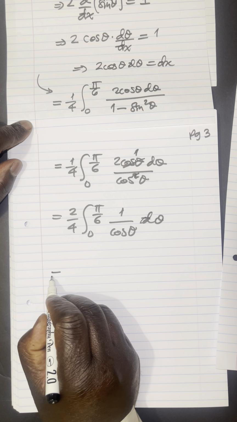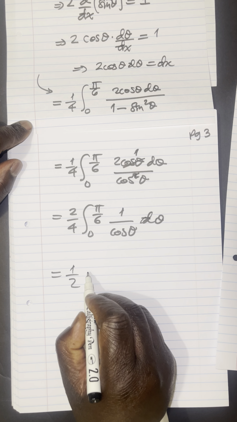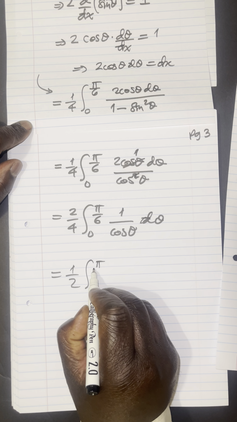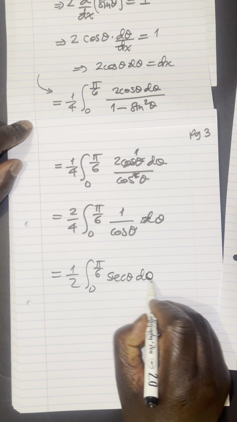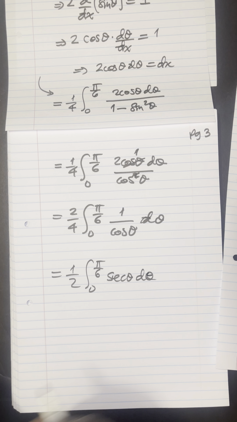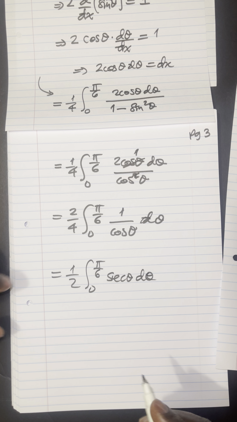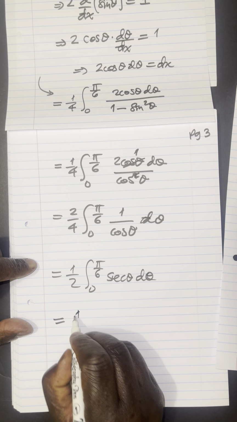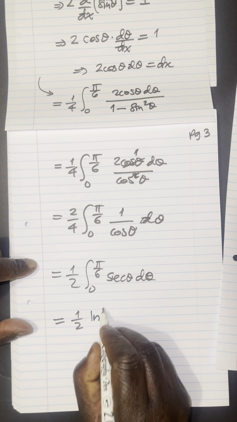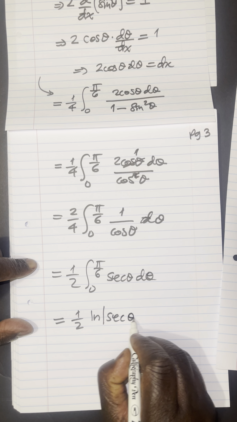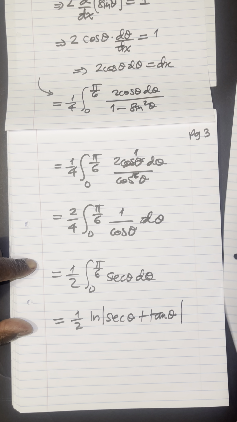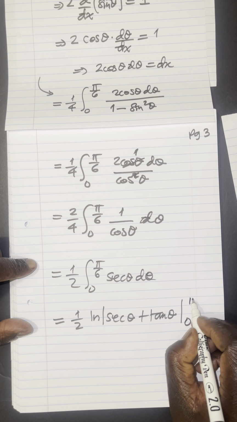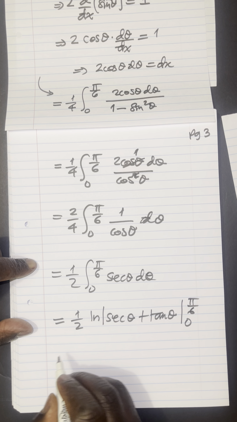Now what is this? Well, this is the same as 1 over 2 the integral from 0 up to pi by 6 of sec theta d theta, and you know the integral of sec is actually the natural log of sec plus tangent. So this is equal to 1 over 2 natural log of sec theta plus tan theta, and we're evaluating this from 0 up to pi by 6. So what do we say?